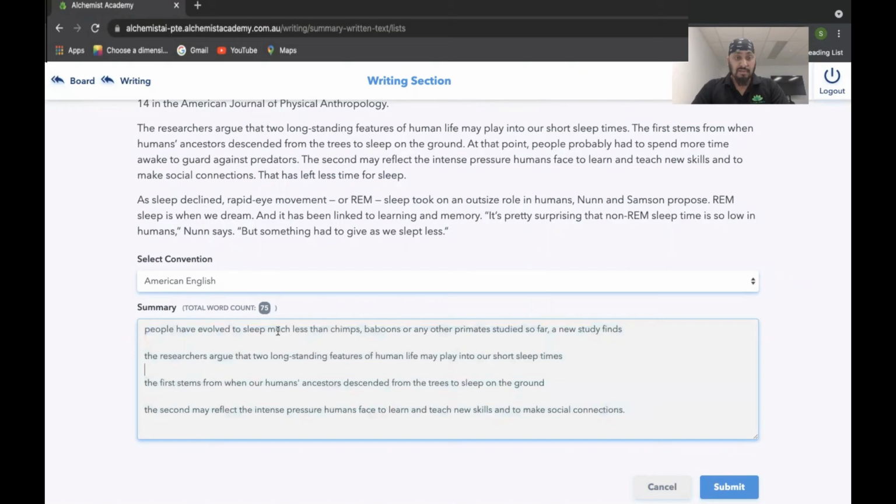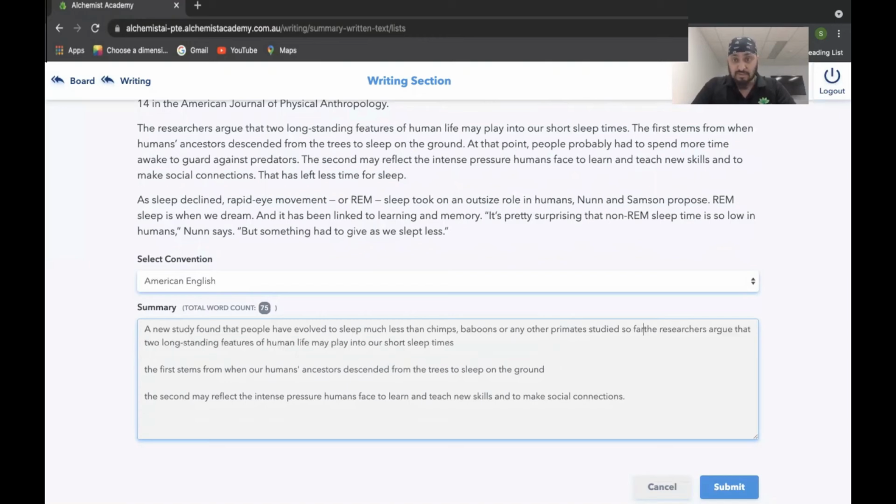Okay. People have evolved to sleep much less than chimps, baboons, or any other primates studied so far. How about if we just do it this way? A new study found that, and then if we just delete this, okay, and we can just simply say over here that, as the researchers argue, I just added the conjunction.